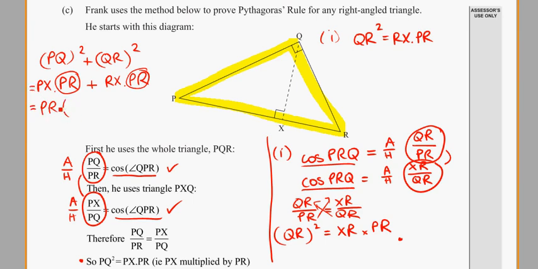So this equals PR times PX plus RX. Of course, another way of writing PX plus XR is PR. When you add those two sides together, you'll get another PR. And of course, a shorter way of writing that is PR all squared.